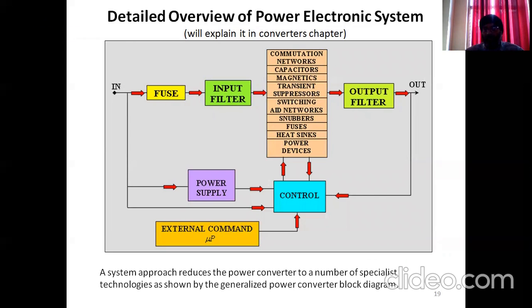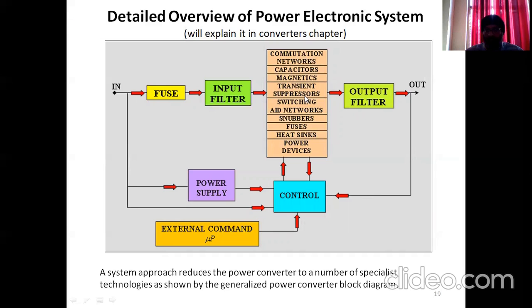So these are the main components, but at the same time, we also have some supporting components. You have to remember the main components are switches and L and C components. But apart from these, we also have supporting components, like commutation networks. We'll talk about these commutation networks. Transient suppressors.